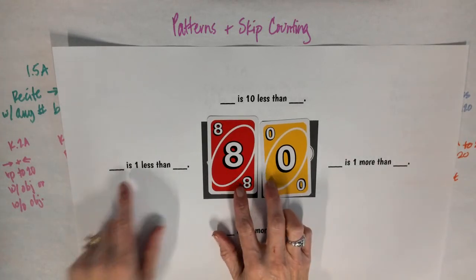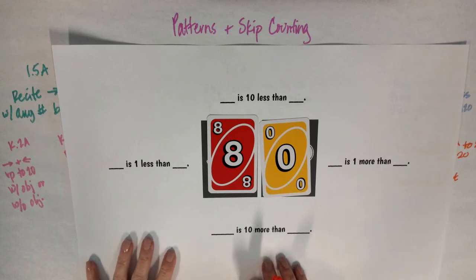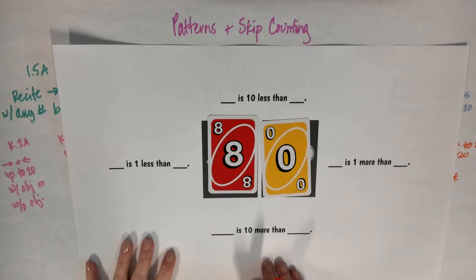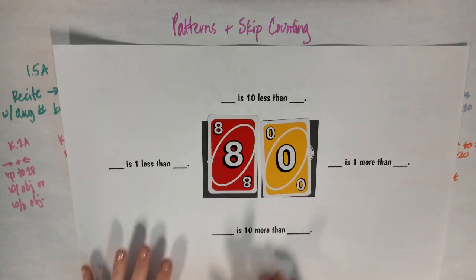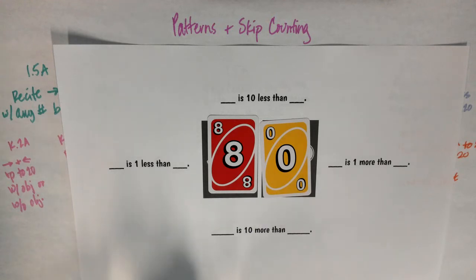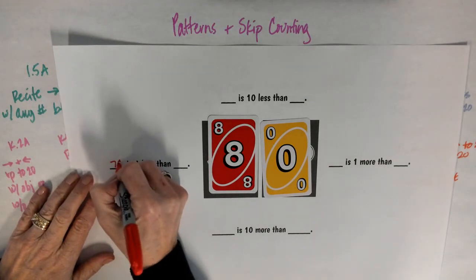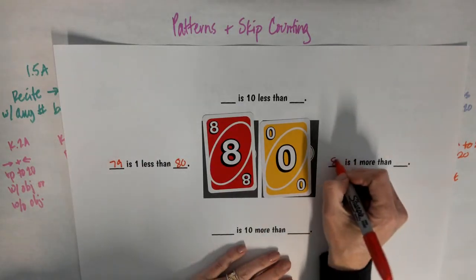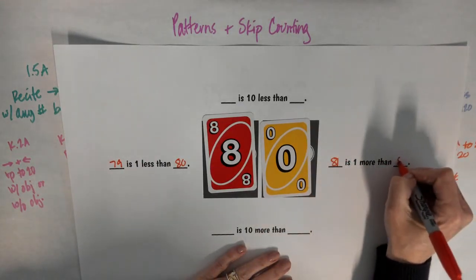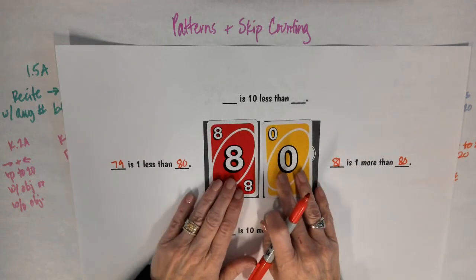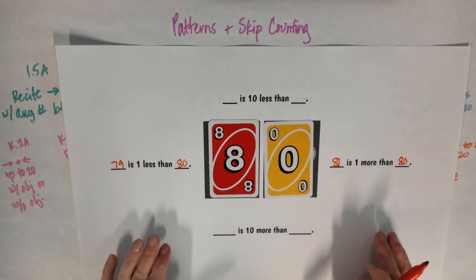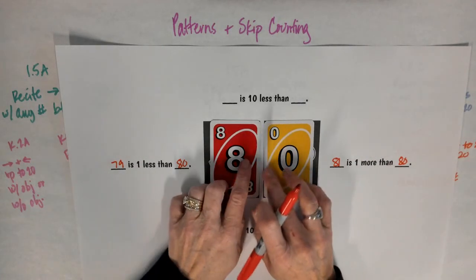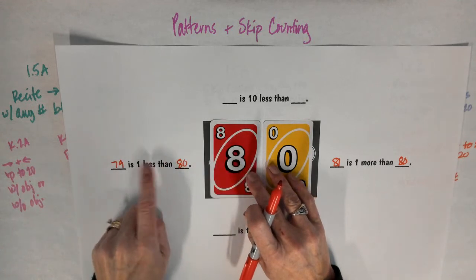What is 1 less than 80? So I would laminate these, or you can print them on letter paper size so you put them in a sheet protector. So I would want students to be able to tell me 79 is 1 less than 80. 81 is 1 more than 80. And we do it like this because it correlates to the hundreds chart. If I look at 80 on a hundreds chart, 1 less is 79.